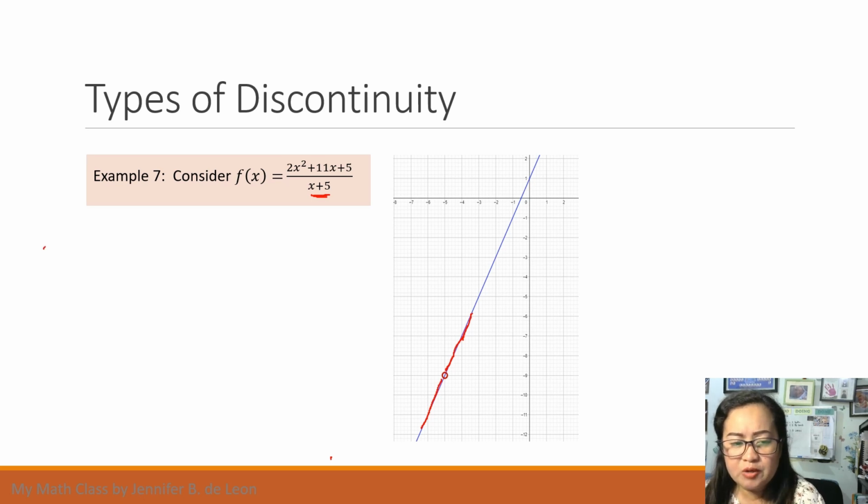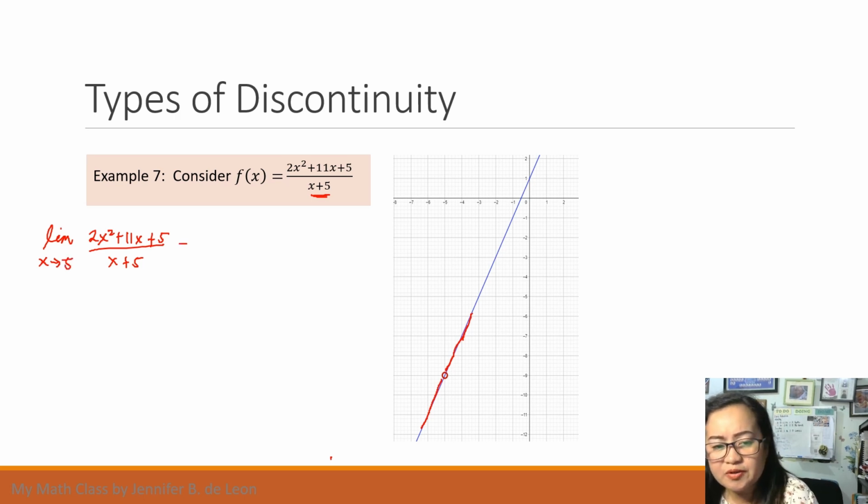Now, if we evaluate the limit of 2x squared plus 11x plus 5 all over x plus 5 as x approaches negative 5, remember that this function is a rational function. So we need to determine whether this is in the lowest term already.